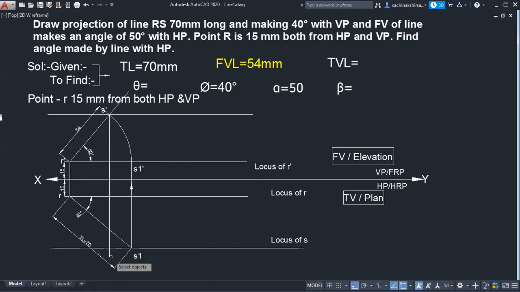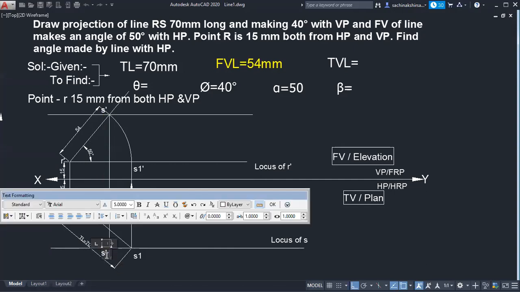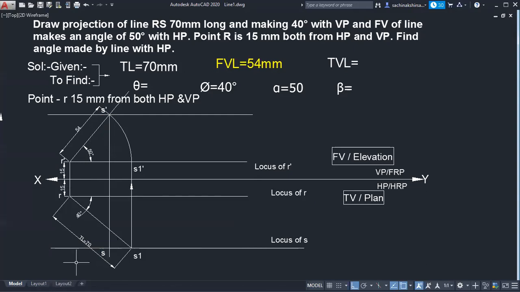If I draw here, I will get the S point. Okay, so if I join R and S, that will be my TVL, that is top view.